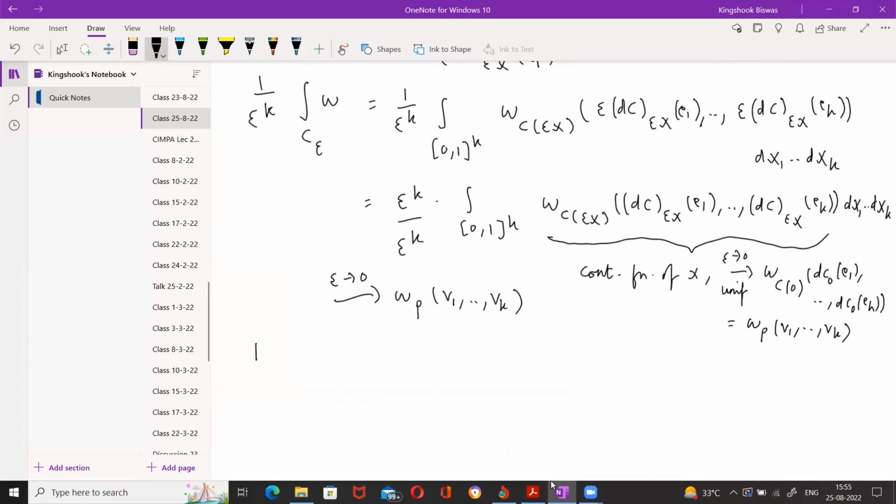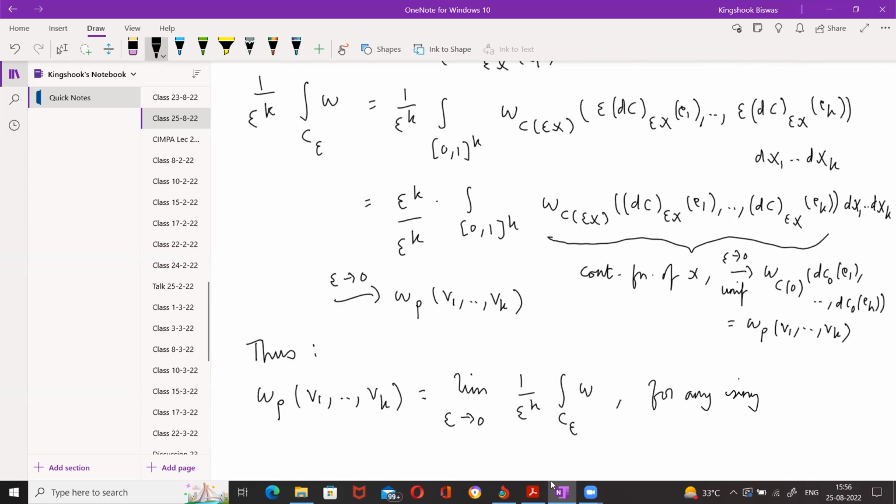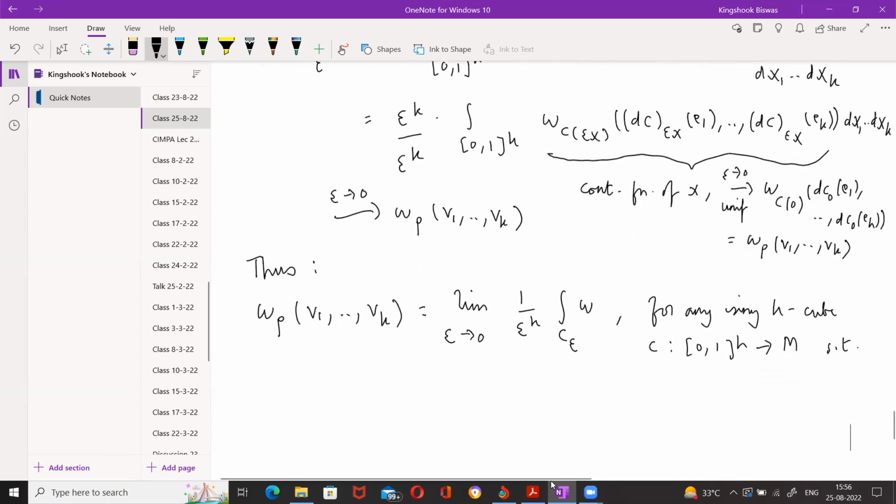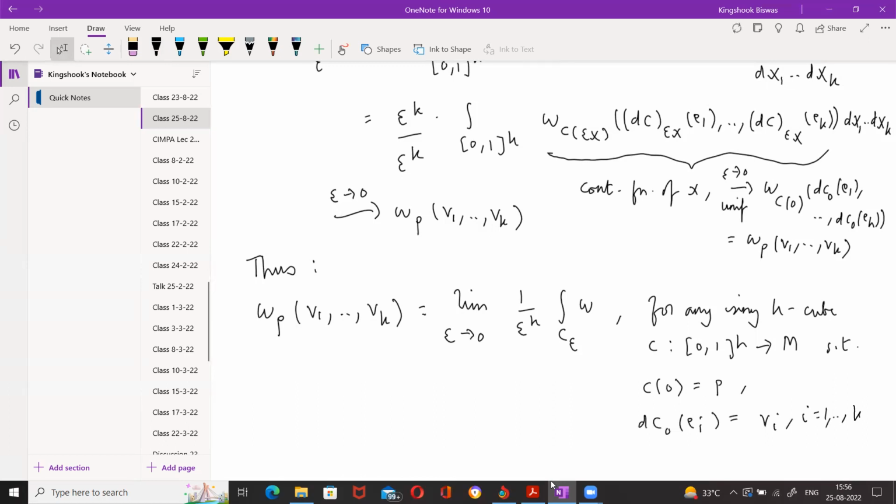Thus, omega at P applied to V1 to Vk is equal to the limit as epsilon tends to 0 of 1 over epsilon to the k times the integral of omega over C epsilon, for any singular k-cube C such that C0 is P and dC at 0 applied to e_i is V_i, i from 1 to k. Is this clear?